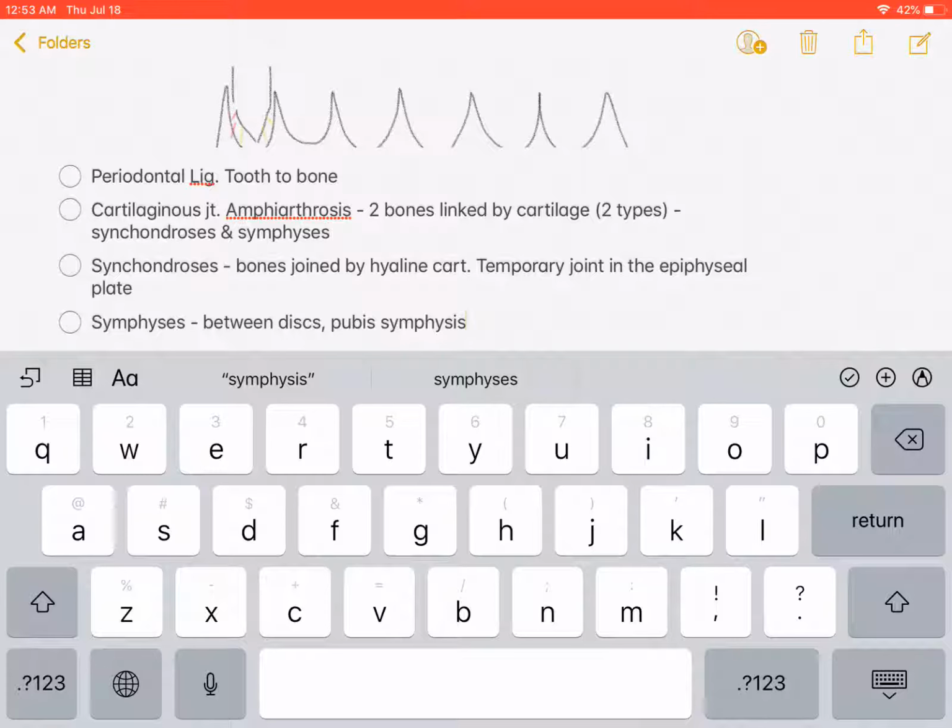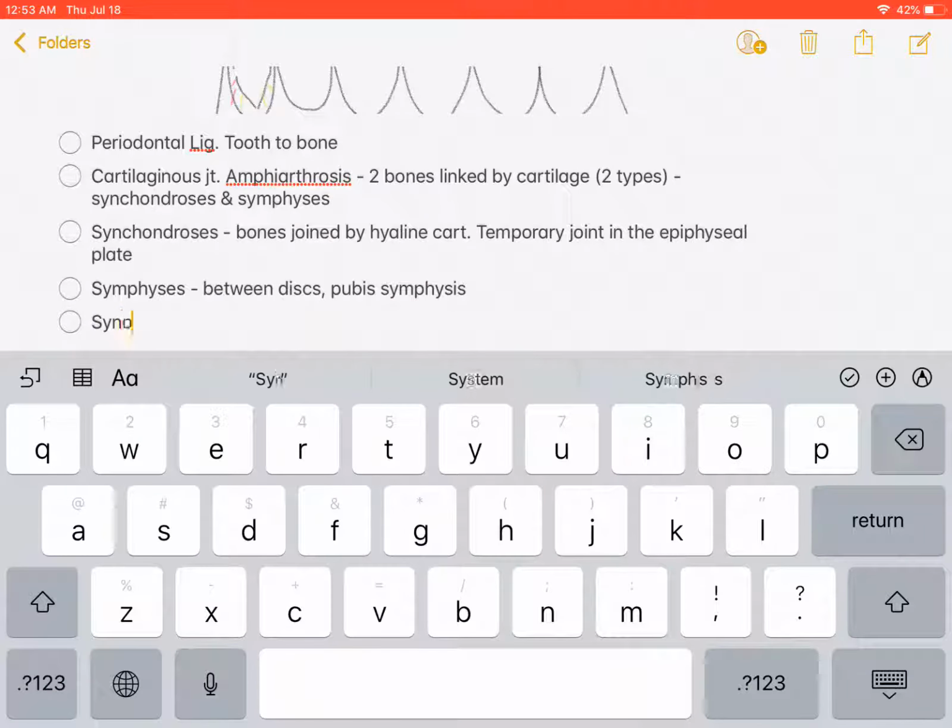We have our synovial joints. All right, now the synovial joints are actually diarthrosis or diarthrodial joints.